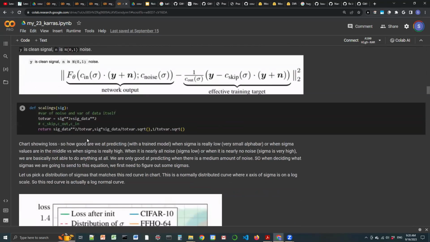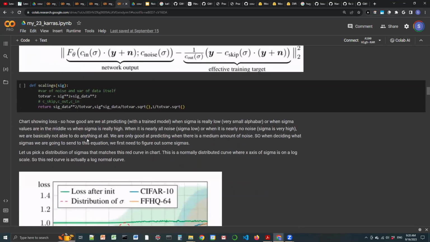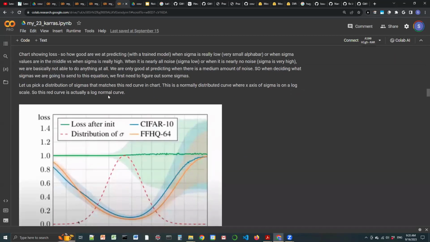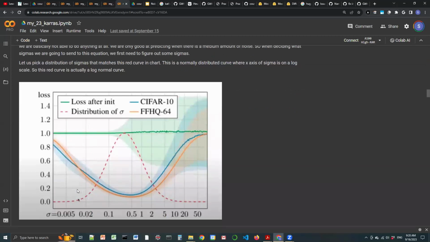Now we'll skip through this scaling and come back to it in the future, but let's look at the chart, which shows the loss of a trained model. Now, how do we choose? We know what values we want C skip to be, but C skip is a function of sigma. And here is a plot of sigma and loss.